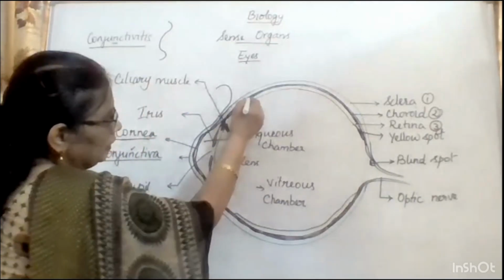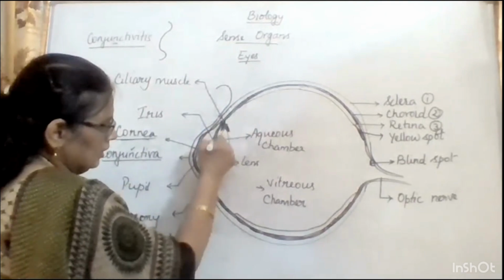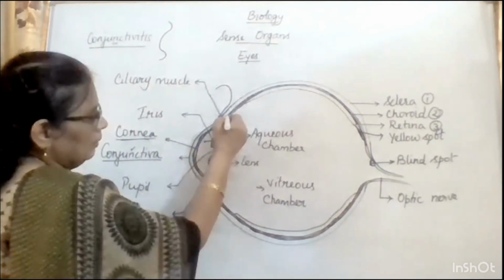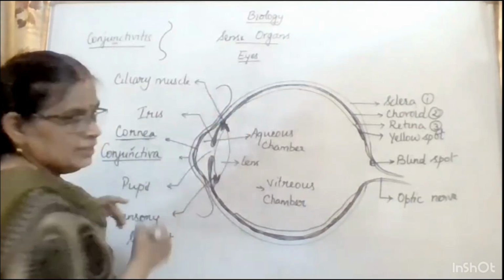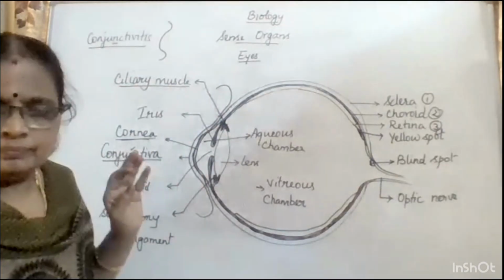So this is choroid, coming in the front like this. Here it divides to form a structure known as ciliary muscle.